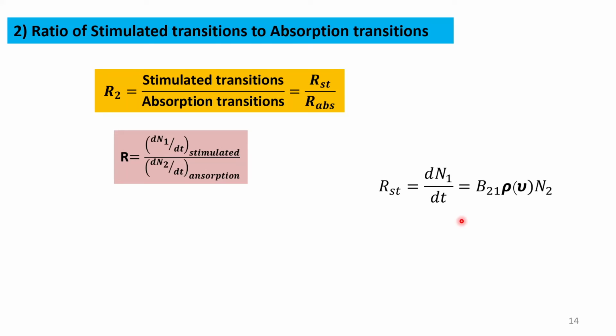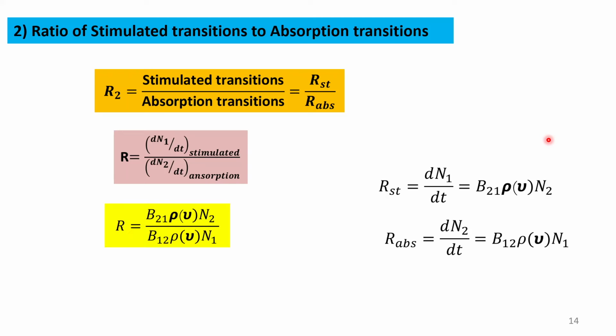Now we have already obtained the relations of the stimulated transitions and the absorption transition. The stimulated transition is equal to B21 rho of nu into N2, and the absorption transition is equal to B12 into rho of nu into N1. Here B21 and B12 are Einstein's coefficients for the stimulated and the absorption transitions.